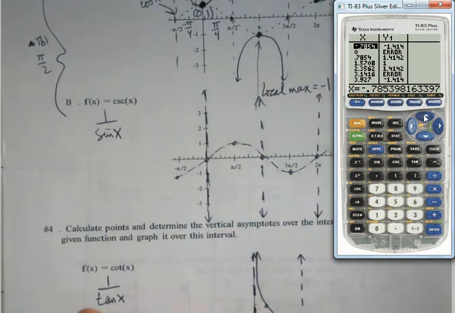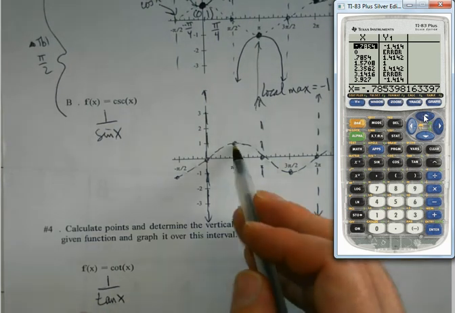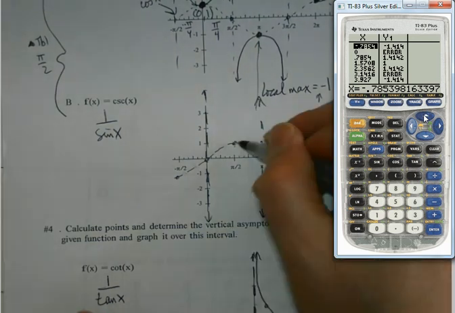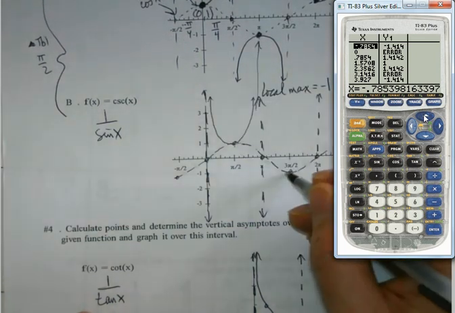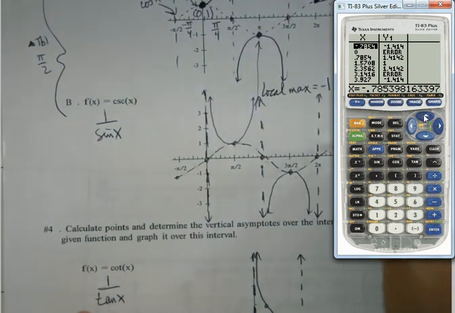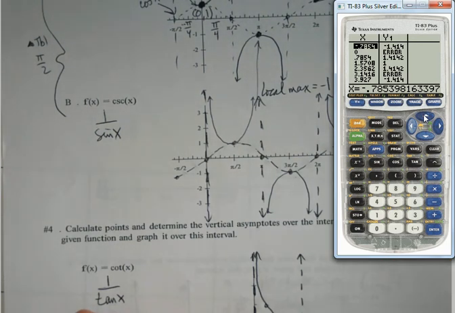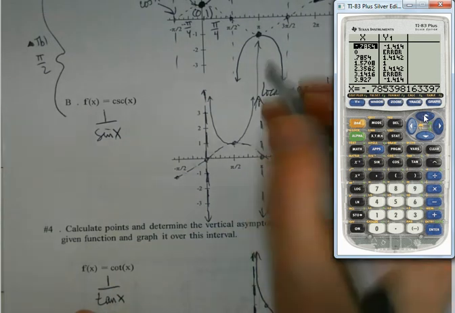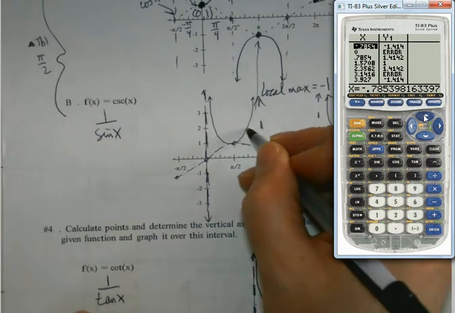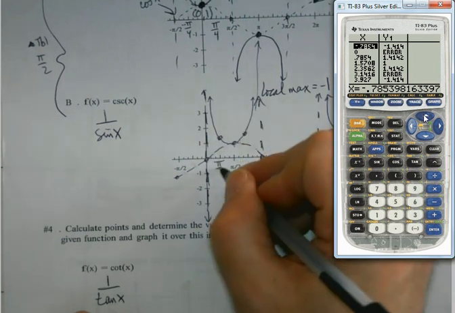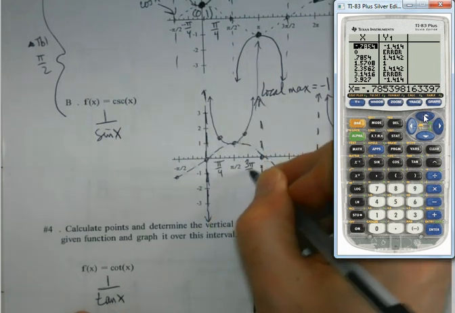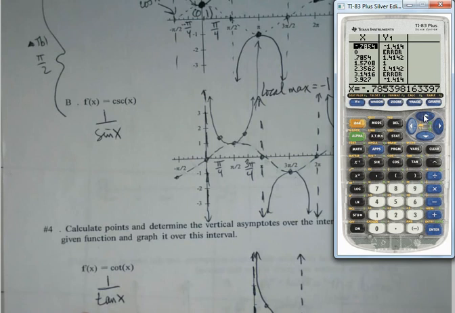How convenient. And then my max and my min values are going to be where my parabolas are drawn from. And just like they were before, I've got my square root of 2 values that I'm working at pi over 4 and 3 pi over 4.